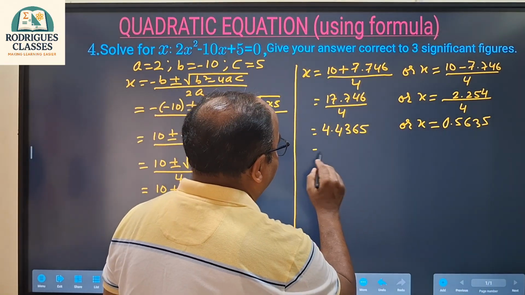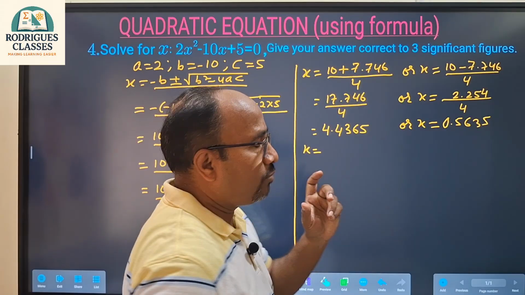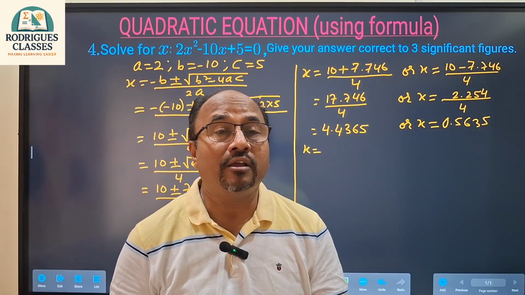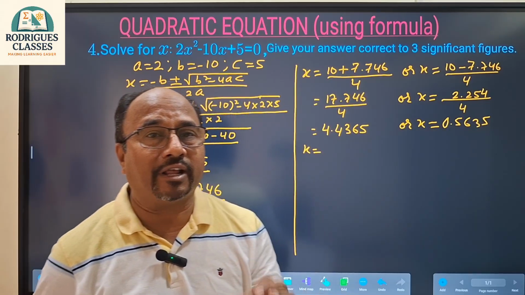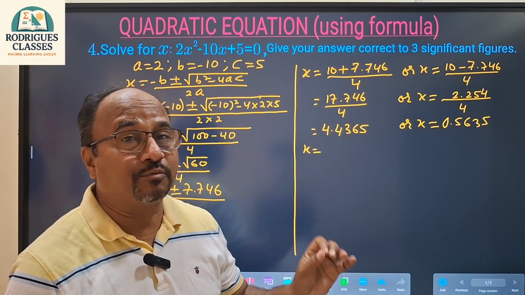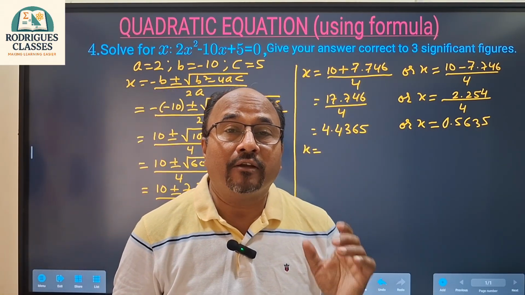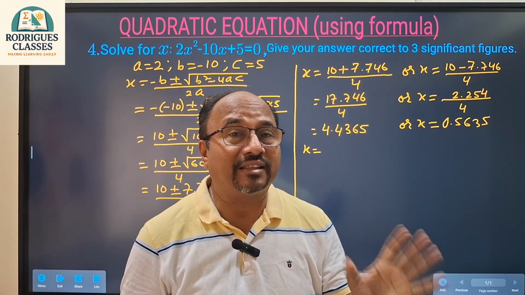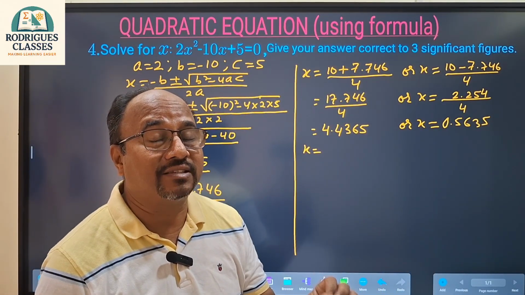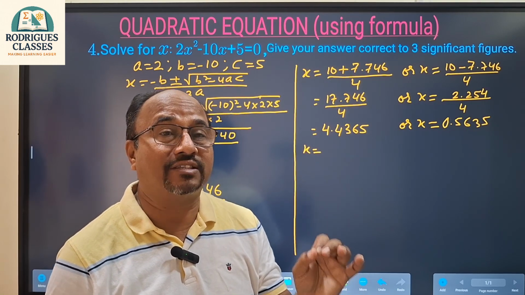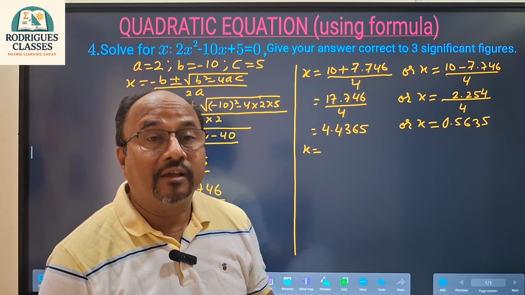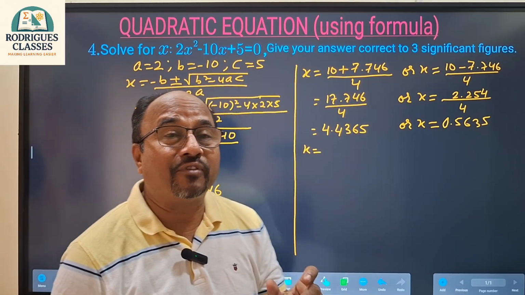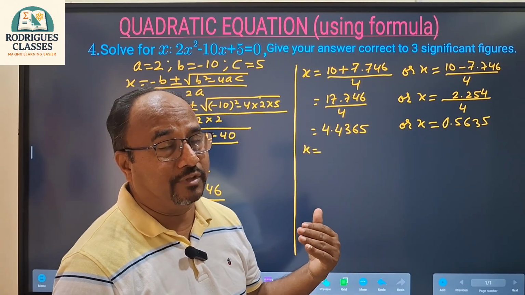Now about writing the final answer. Significant figures. Certain rules I am telling are important. All the detailed rules again I am telling you will find in the description of this video. Okay. First of all, digits other than 0 are counted as significant digits, or to say significant figures. 0 is counted as a significant digit if it is not at the beginning of the number.